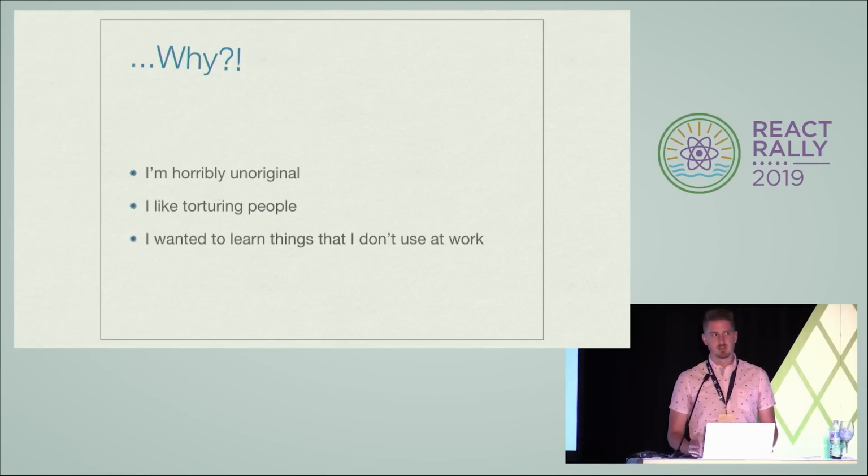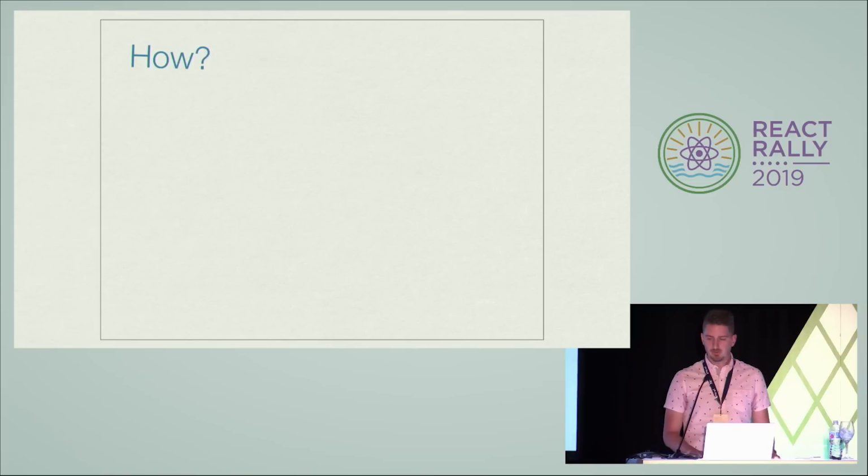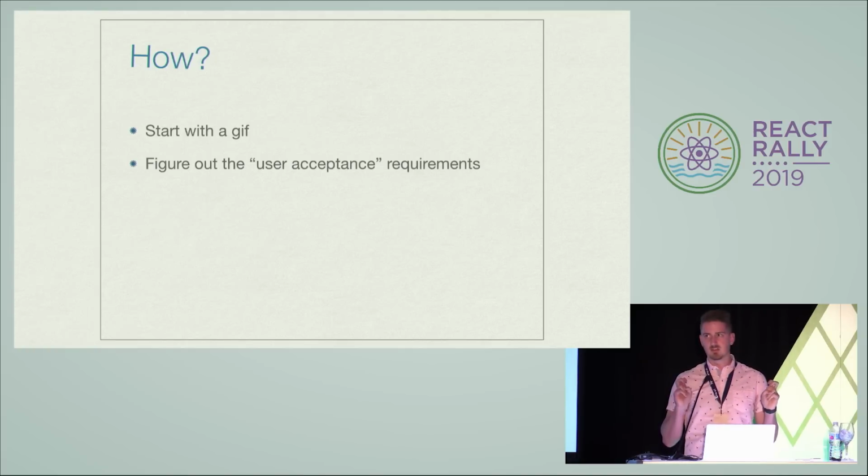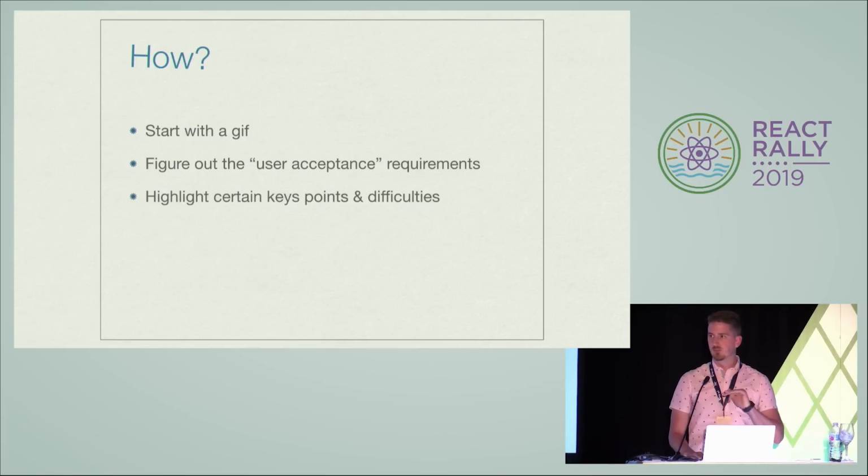It's probably not for the true 10x developers, but for the rest of us, I hope I touch on something that you go, oh, that's cool, I didn't know how to do that. So how is this going to work? I'm going to start off by showing you the GIF and letting it play once or twice. Then we're going to pretend that we received this horrible interface as part of our day-to-day jobs and figure out what the user acceptance criteria for it are. Then I'm going to briefly highlight some key points and difficulties that I came across.